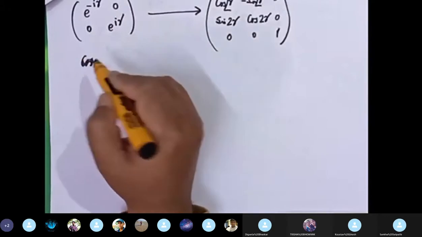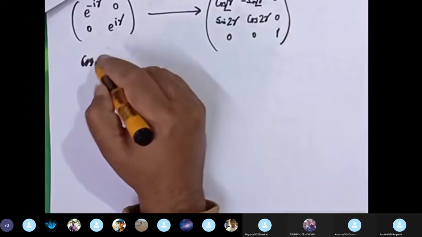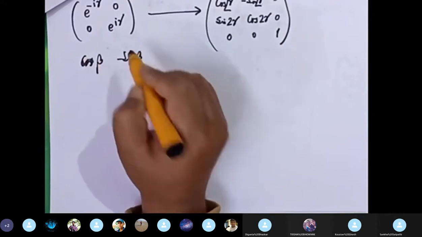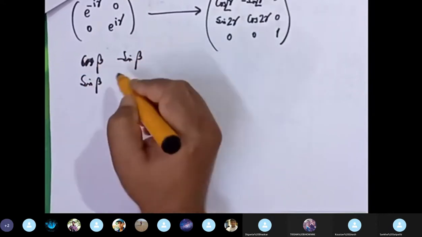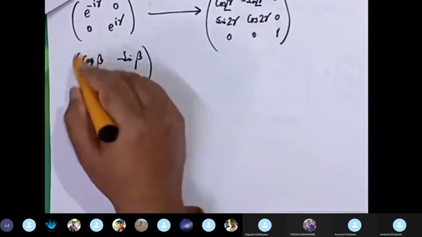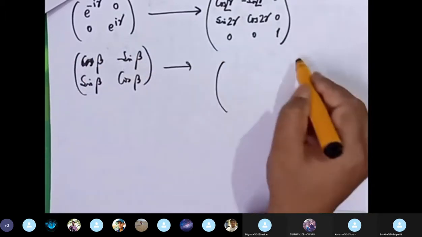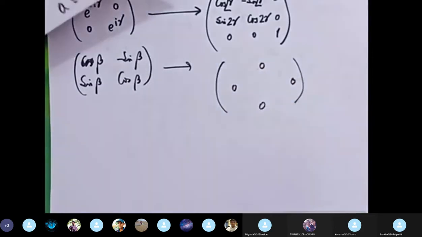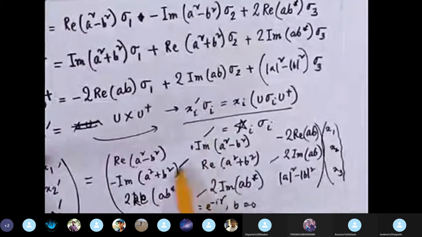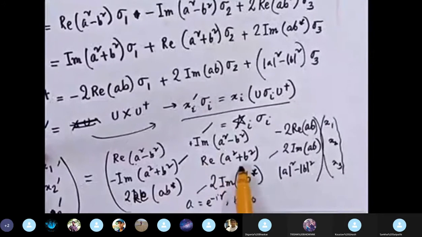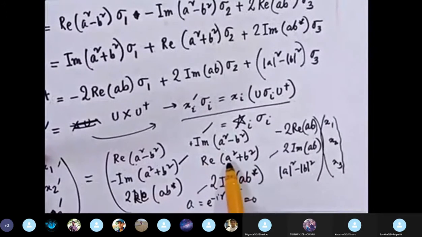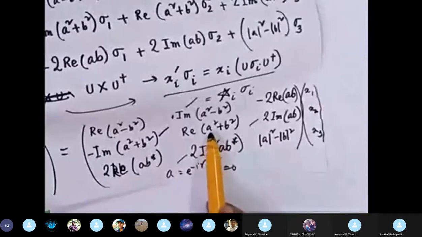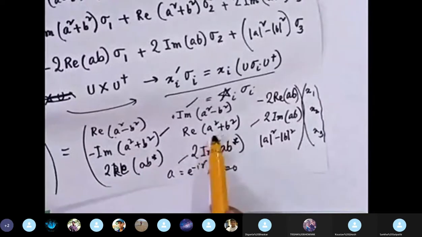Then this matrix: cos beta, minus sin beta, cos beta. The corresponding matrix will have a structure 0, 0, 0, 0 here, because imaginary parts are sitting there. Now at the center, A square plus B square. A, B are sine and cos, so sine square plus cos square is 1.